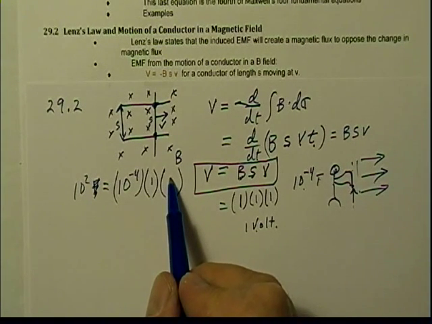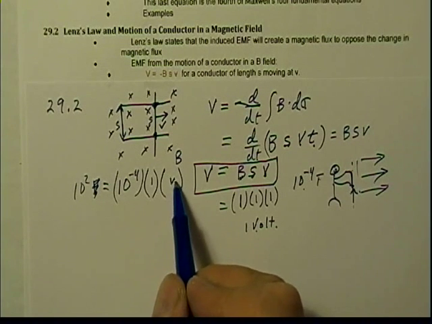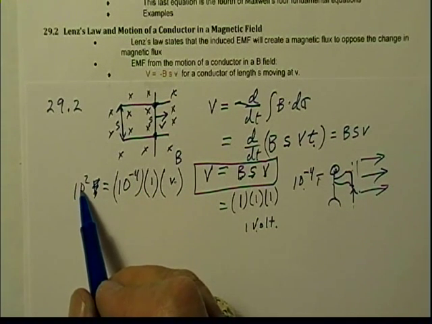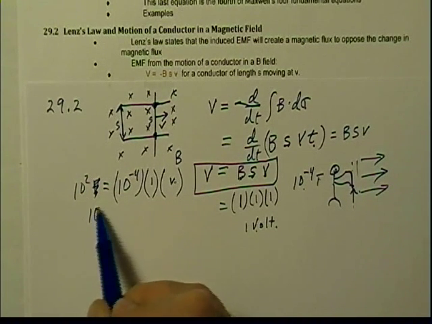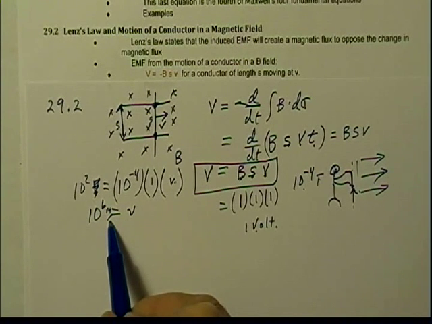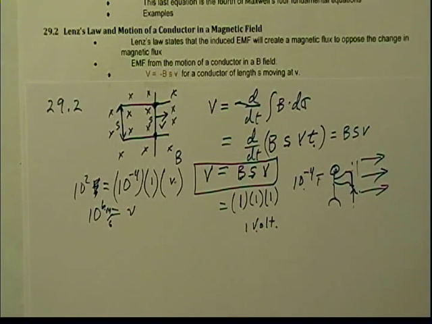Well, if this is his velocity right here, then you can see that if I divide through by 10 to the minus fourth, that gives 10 to the 6. So the velocity has to be 10 to the 6 meters per second. Well, that's 1 million meters per second. And that is extremely fast, and that's never going to happen.